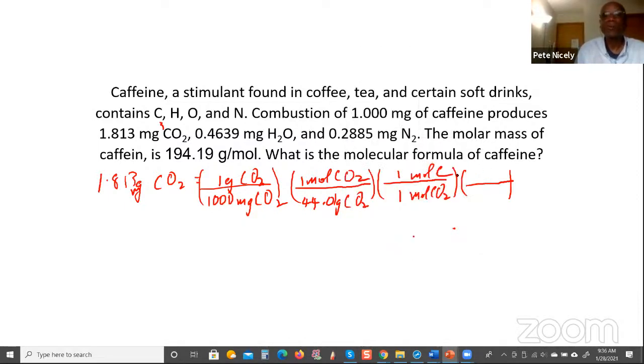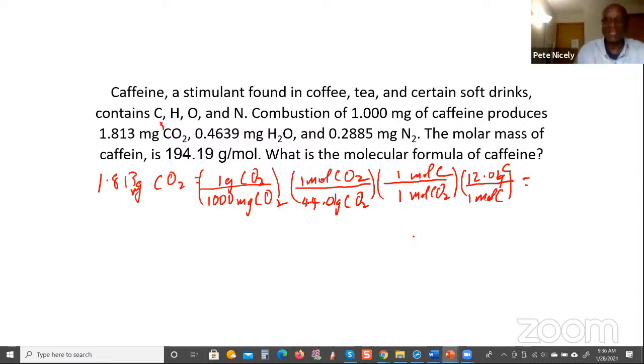Okay, so the molar mass of carbon, of course, is 12.01 grams of carbon, and down here you're going to have 1 mole of carbon. So let me get my calculator and work this out. 1.813 divided by 1,000, then divided by 44.01, multiplied by 12.01.